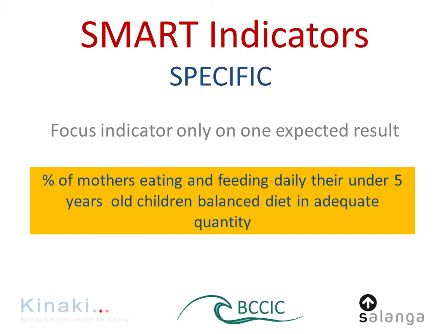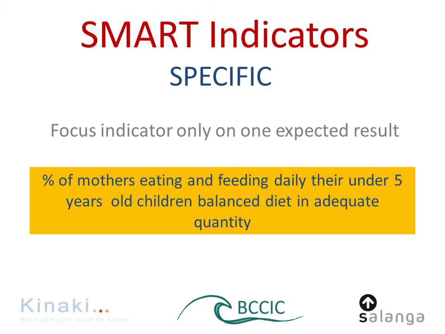However, there is another duplication, and that's when we look at the percentage of mothers eating and at the same time the percentage of children being fed daily this adequate diet. So to make this clear, I would recommend doing this indicator as percentage of mothers eating daily balanced diet in adequate quantity, or percentage of mothers feeding daily their under 5 years old children balanced diet in adequate quantity.